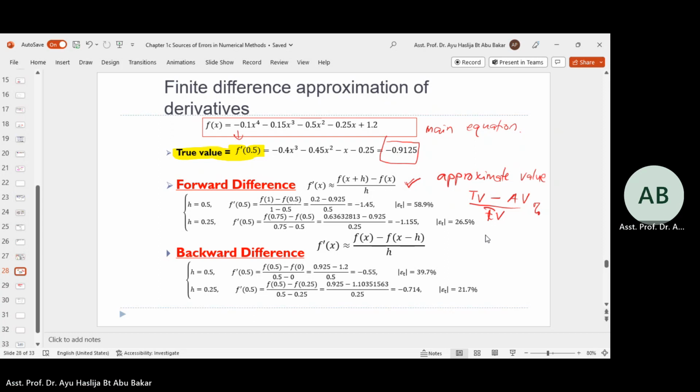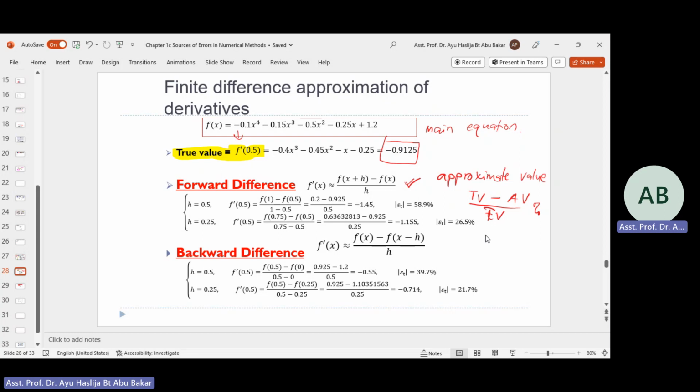Which is one. So your x plus x is the initial value. And is the value. So x plus. You can try to do for backward as well.